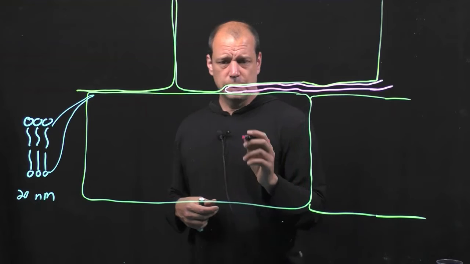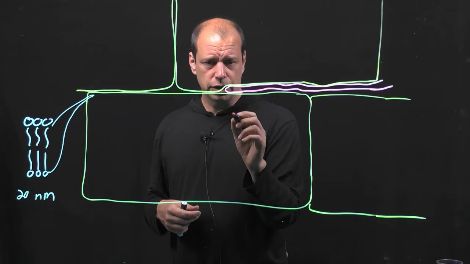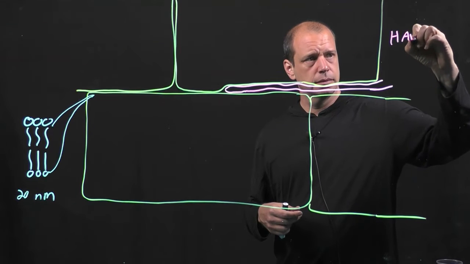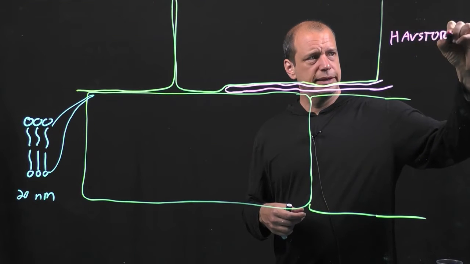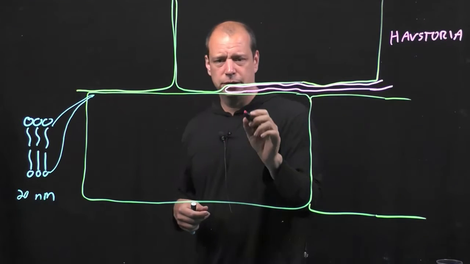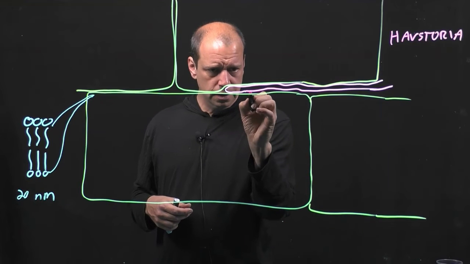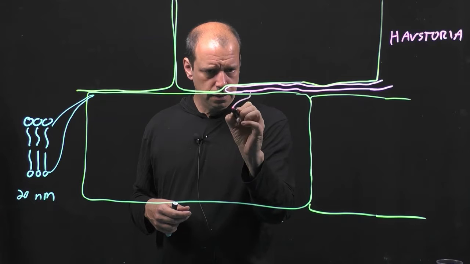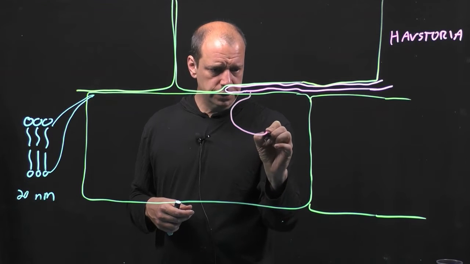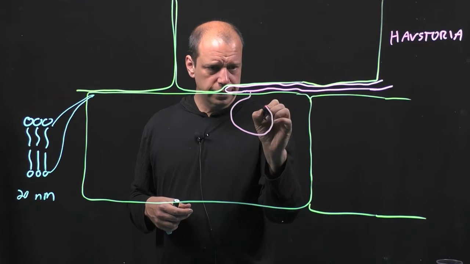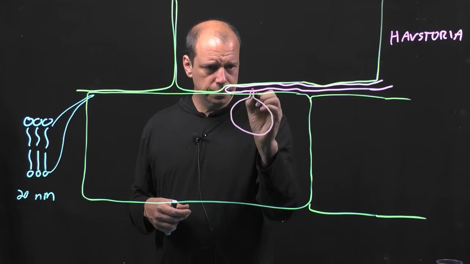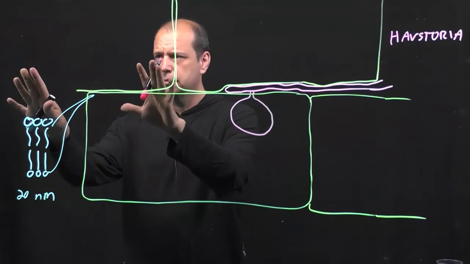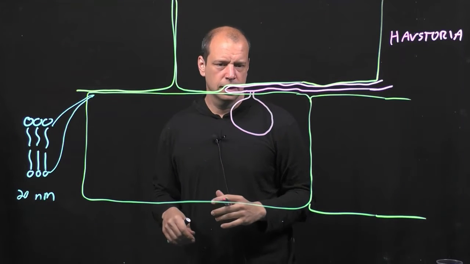So the way it does this is by making a specialized structure called a haustoria, which I expect is a Germanic word, and I'm not sure what it means. But that haustoria is a structure. If I can figure out how, I might put a microscope image here.